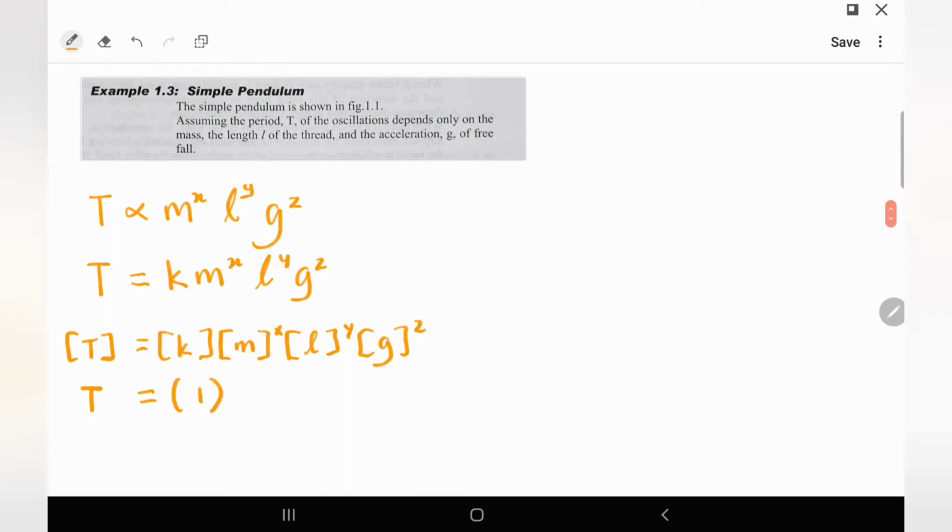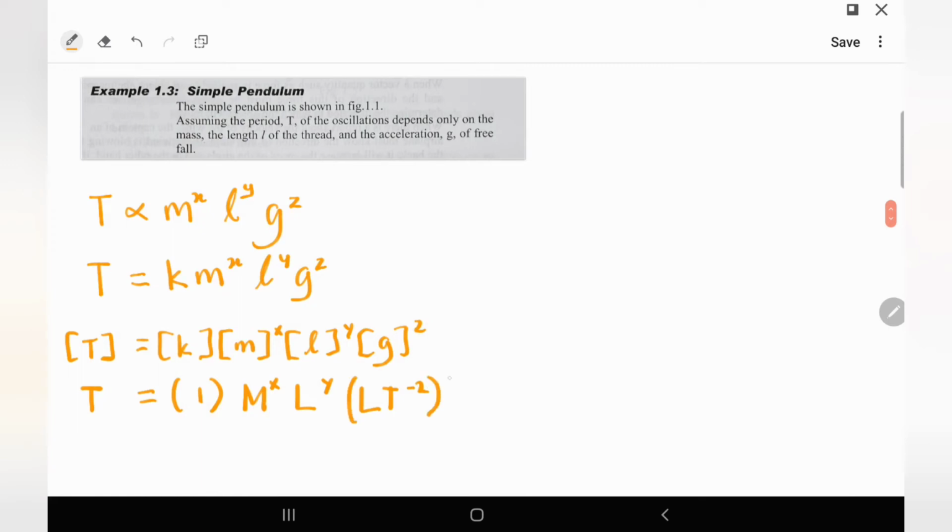M representing mass. The dimension of mass is capital M, so M to the power of X. L representing length. So the dimension of length is capital L. So L to the power of Y. And G is the gravitational acceleration, so its dimension is L T to the power of negative 2, which is under acceleration.